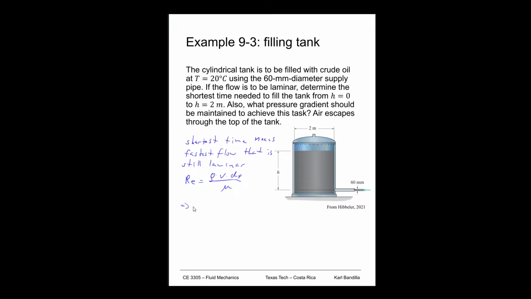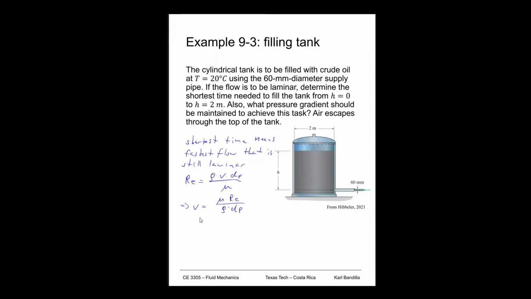Solve that for our velocity, then we get the velocity is going to be mu times our maximum Reynolds number divided by rho times d pipe. All right, so that's our velocity.